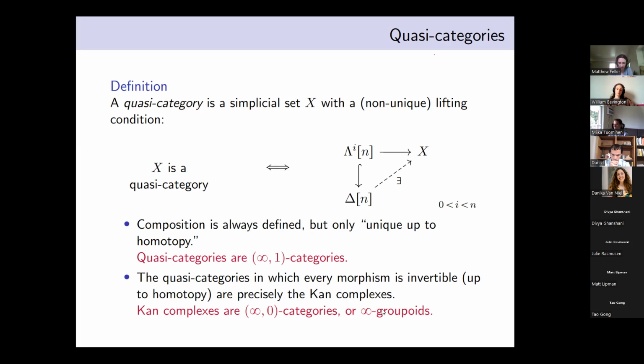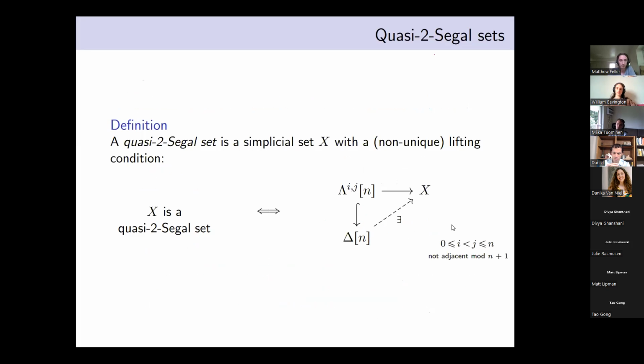The only reason I'm mentioning this is that we were thinking of a 2-Segal set as being like a multi-valued category. So one way to view a quasi-2-Segal set is that it's going to be an infinity-1 multi-valued category. That's all that I wanted to say here.